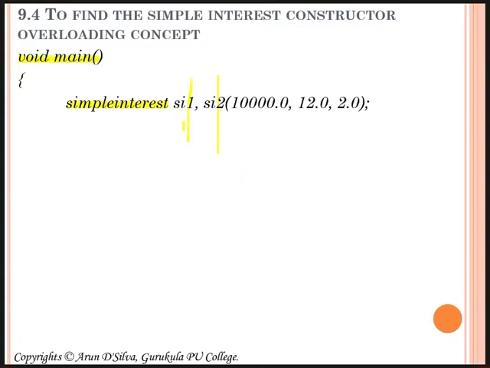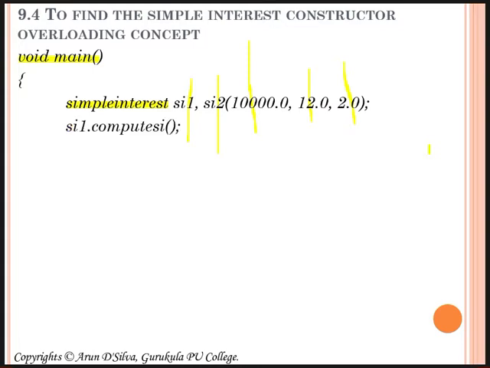When SI1 is created, it automatically invokes the default constructor, so the P, T, R values will be assigned 0. Whereas when the SI2 object is created, the P value will be assigned 10,000, the R value will be assigned 12 and the T value will be assigned 2.